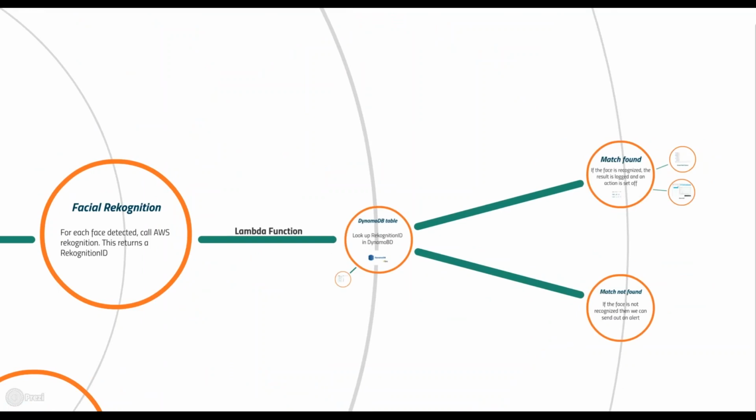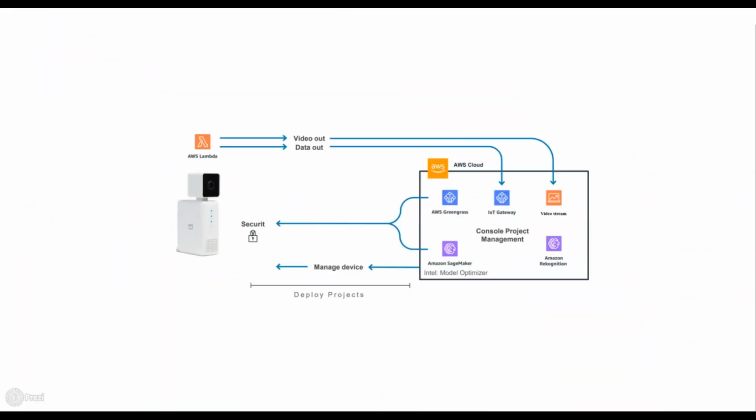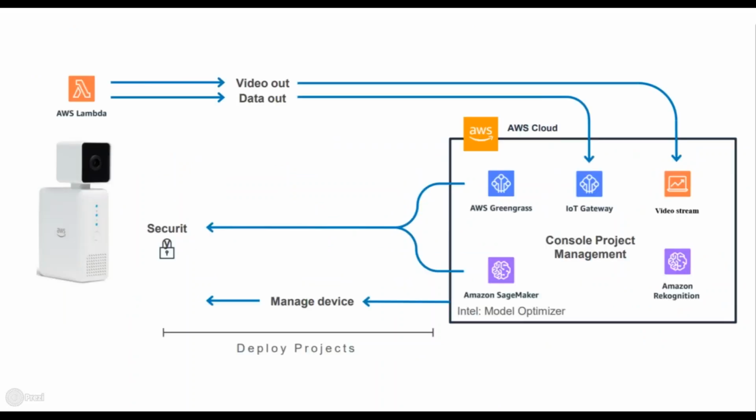After that, we used that recognition model to create our recognition software. This is just a diagram of how it works. Essentially, the model is deployed on the device and we buy it from Amazon SageMaker, and we have a Lambda function that takes the video stream from the device, crops out pictures of people's faces, and uploads them to the cloud.